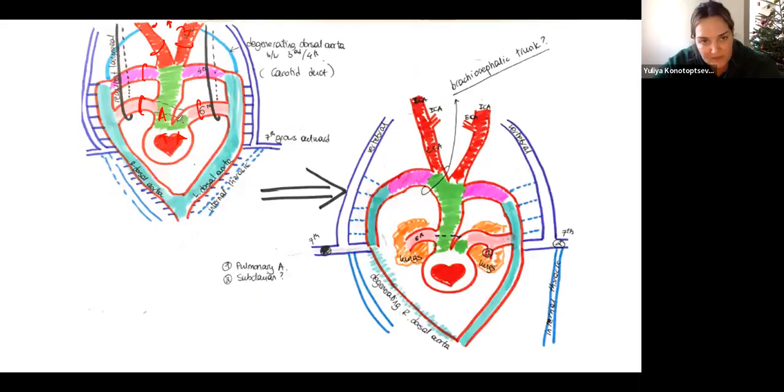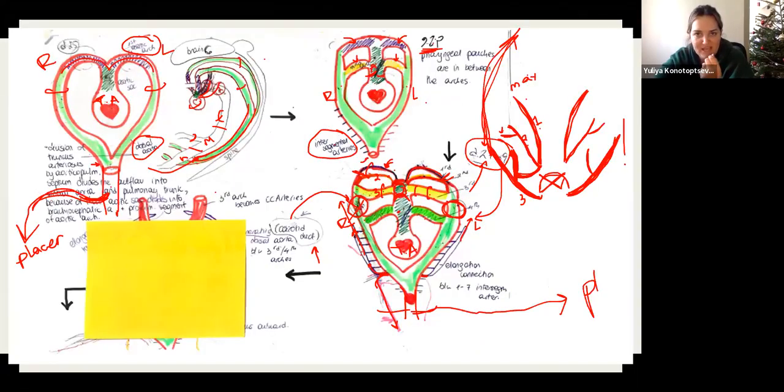They come from this area, and I try to draw it for you that this right 6 aortic arch kind of is behind your aortic sac, right? It comes from here. Does it make sense? Kind of. So one aortic sac is divided into two thanks to this particular septum.